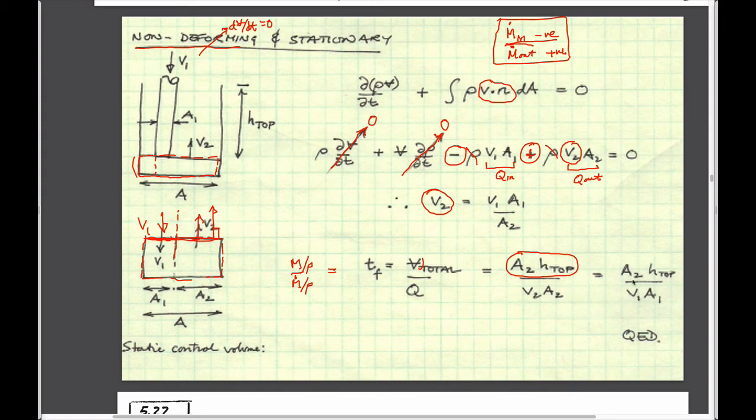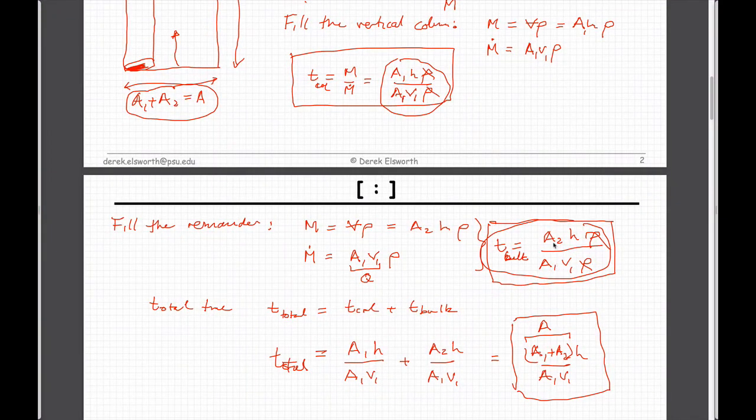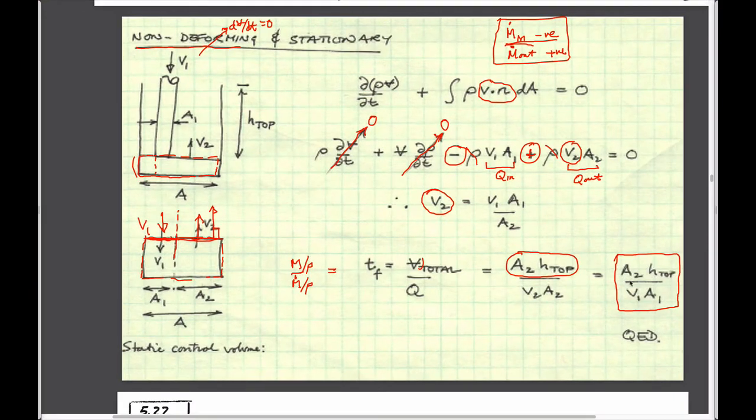And so between these two, this is the time it takes to fill. And so the time it takes to fill should be exactly the same, hopefully, as this expression here: A2H over A1V1. A2H over A1V1. Same thing. So it's the same physical system. So that's one way of thinking about this.